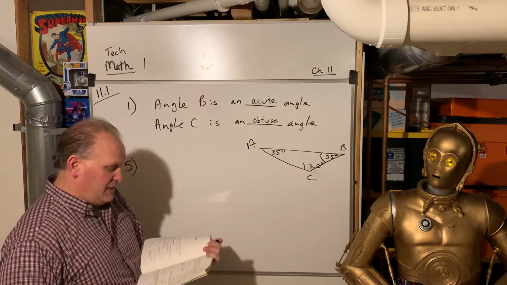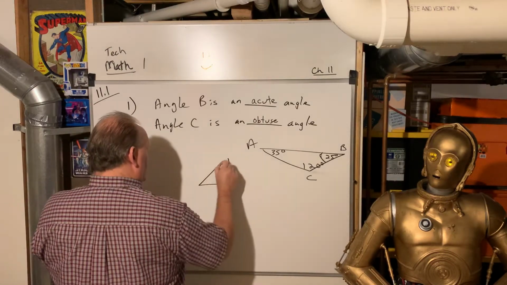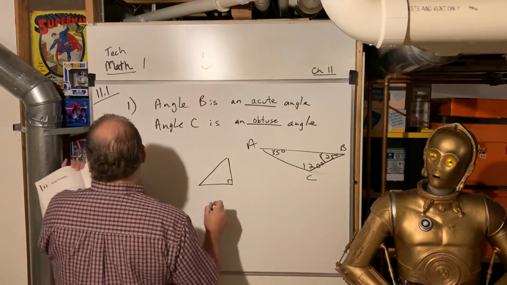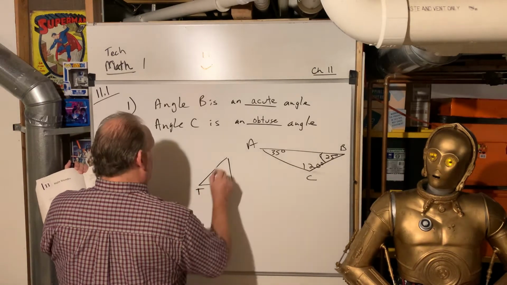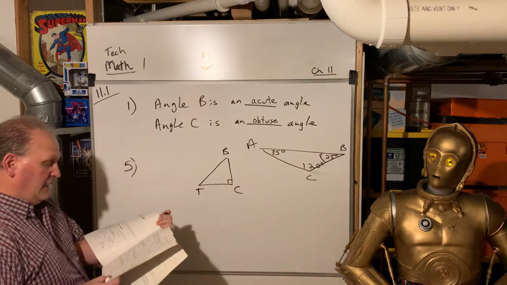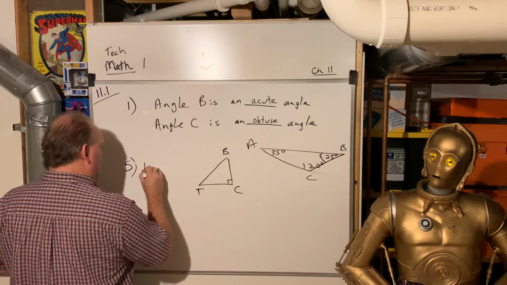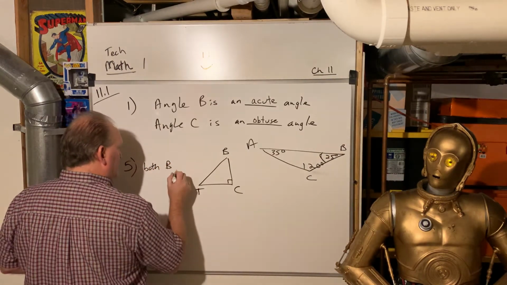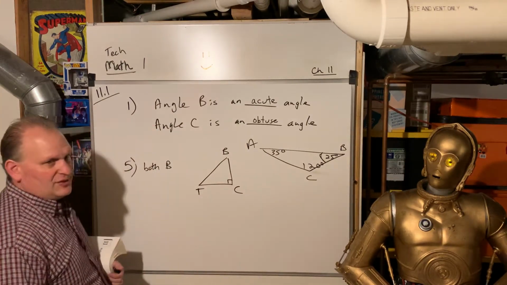Angle T and B are both what kind of angles? Oh, okay, so they gave us another picture, and we got T, B, C. Angle T and B both have to be acute because interior angles of any triangle have to add up to 180 degrees.